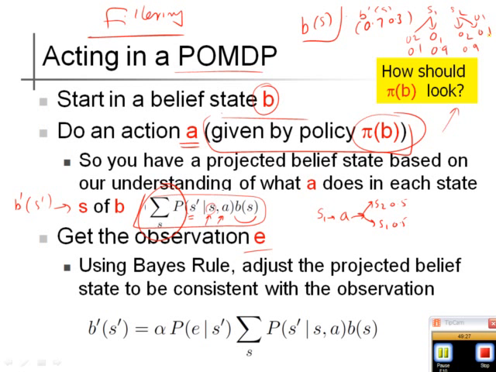So here you had a B dash S dash, and now I should call the new one something else. But let's say the new belief state is alpha times P of E given S dash times P of S dash. Now P of S dash is this whole thing.